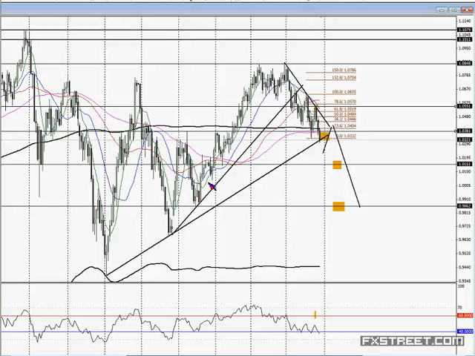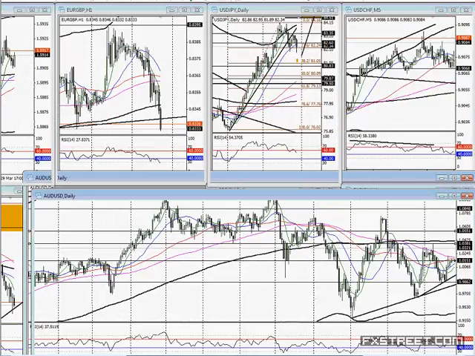So I actually have a bearish outlook on the Aussie dollar, while I have some short-term bullish outlook on the euro and pound dollar.